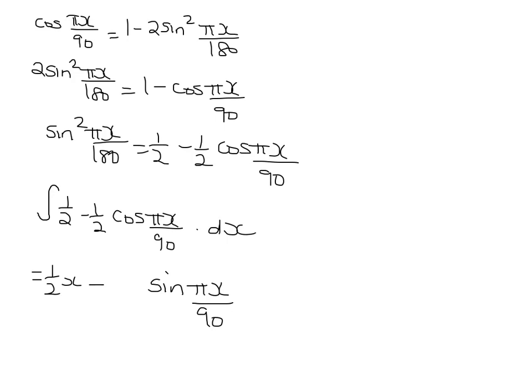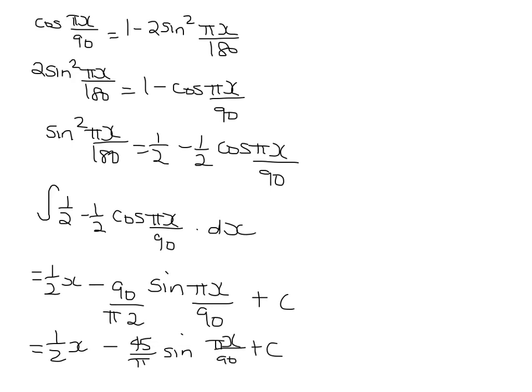So the 90 is going to be on the top, and the pi is going to be on the bottom, and the 2 is also on the bottom. So it's 90 on 2 pi, plus c. So I'll just fix that up. It's a half x minus 45 on pi sine pi x on 90 plus c.